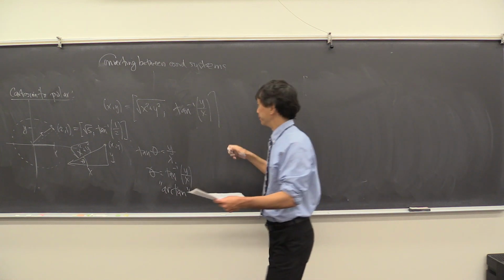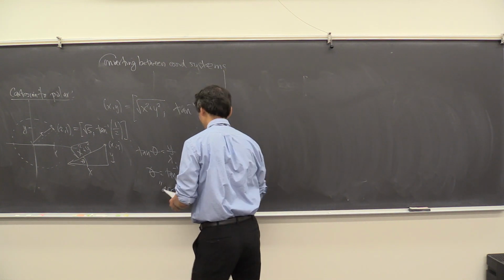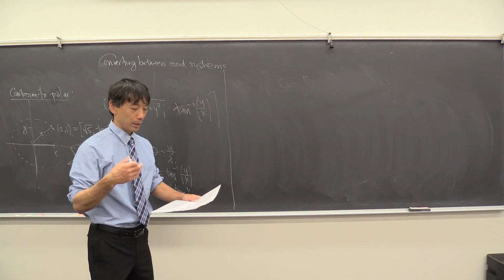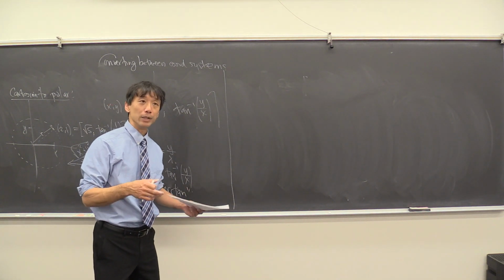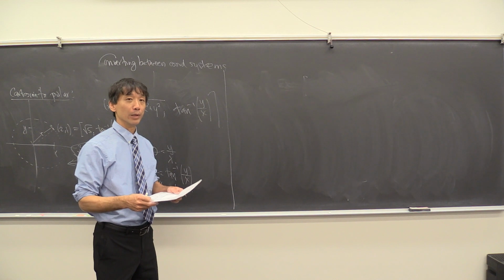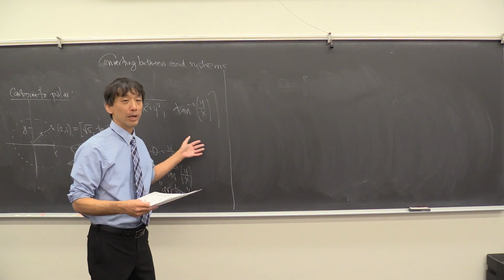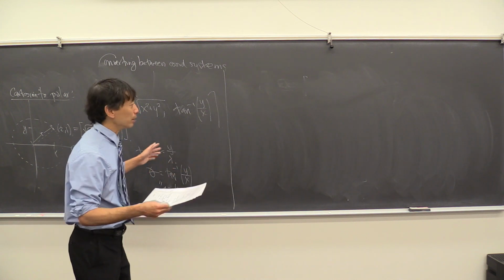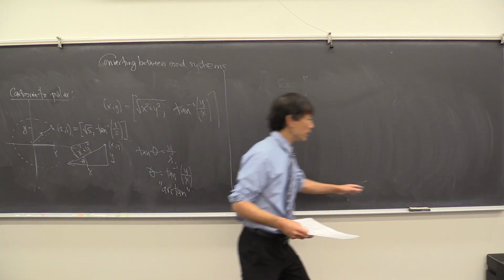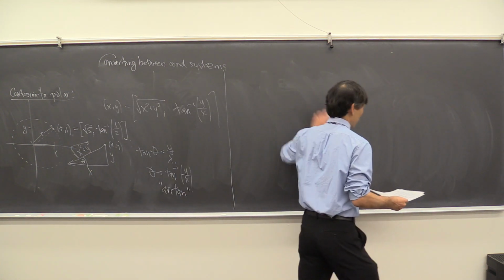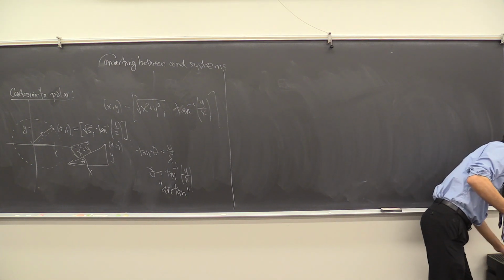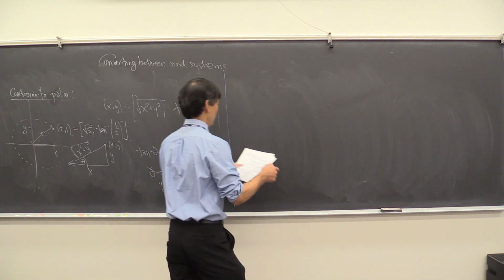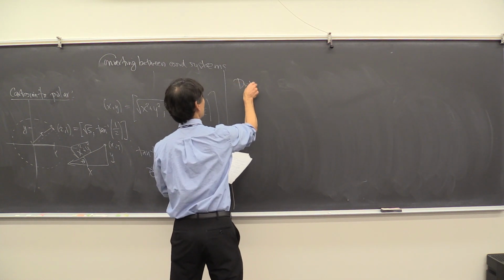Now we're going to talk about equations and things in polar coordinates, like what is a circle? How do you describe a circle? How do you describe distance? The things that you do in Cartesian coordinates, we want to do in polar coordinates. So the first one is a distance formula.